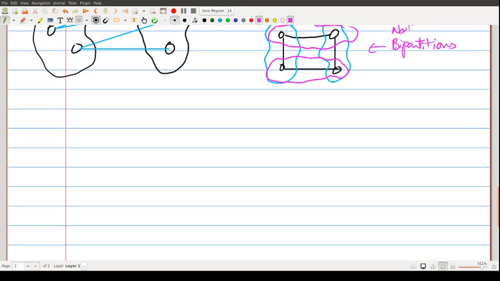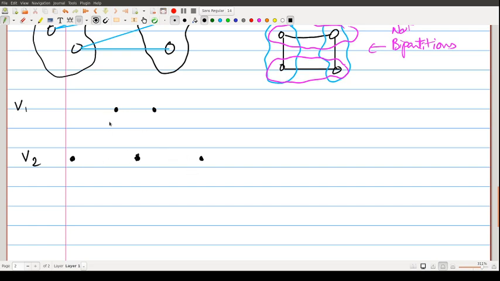For example, if I have two vertices in my first set, so let's say these are V1 vertices and these are V2 vertices. To make this graph complete, a complete graph should have edges between two distinct vertices, right? But in a bipartite graph, you're not allowed to have an edge over here and an edge between vertices in this set.